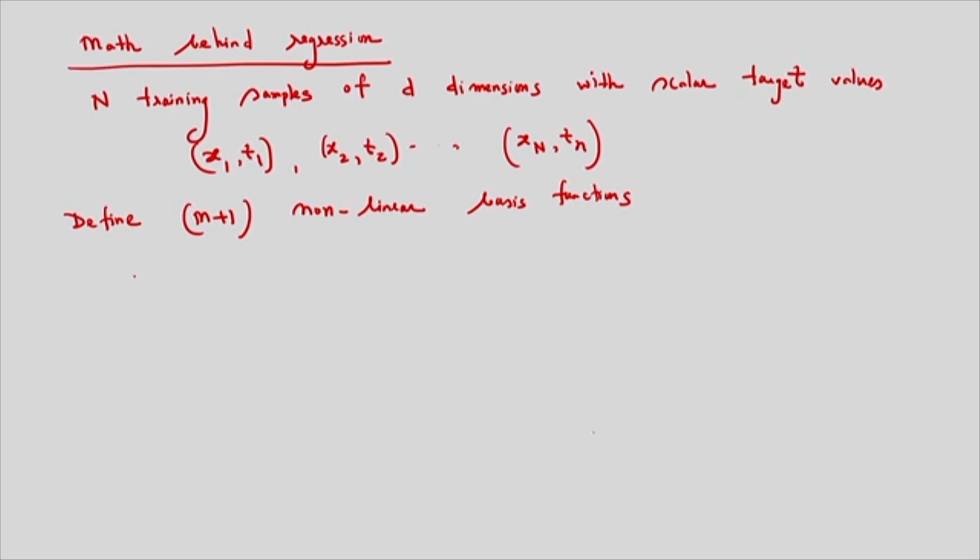Maybe we can consider m plus 1 non-linear basis functions phi of x, that is phi naught x, phi 1 x, phi 2 x, up to phi m x. Maybe we can consider the exponential function as a non-linear basis function.